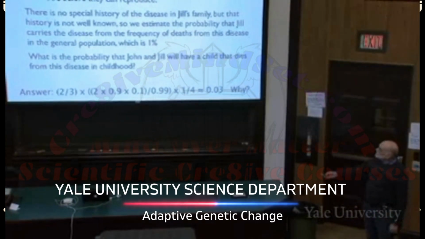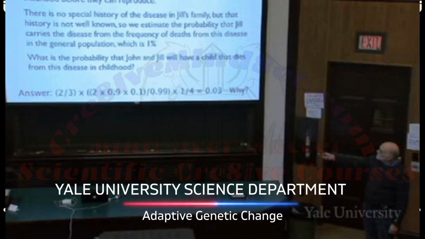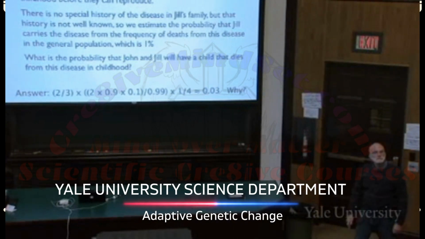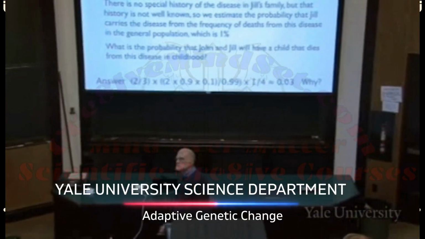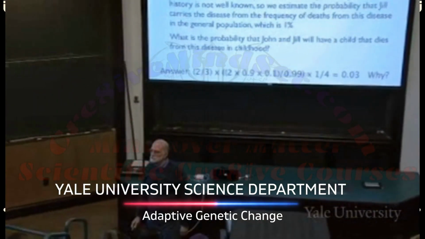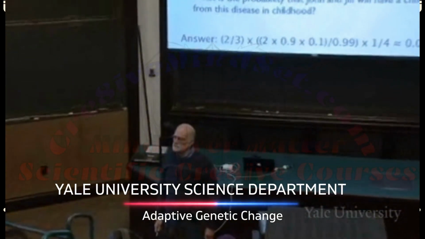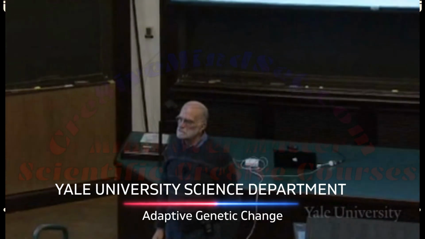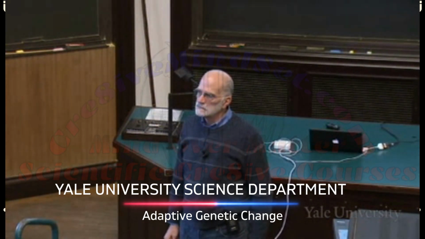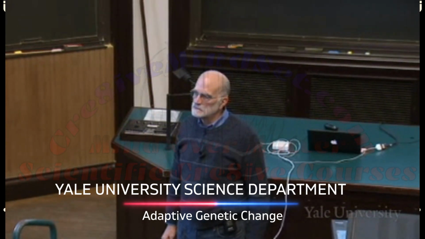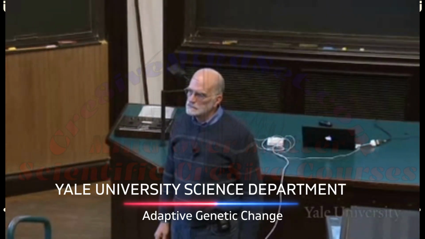Can anybody see why either the 2/3 or the 1/4 is in the equation? Well, we know that his brother has a recessive version of the lethal gene, and therefore John is either heterozygous or homozygous dominant, homozygous recessive. So if he is heterozygous or homozygous recessive, then he's carrying the gene, which is what we're worried about.